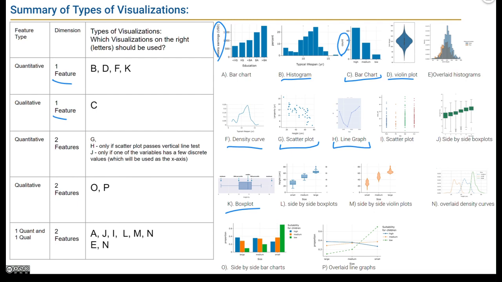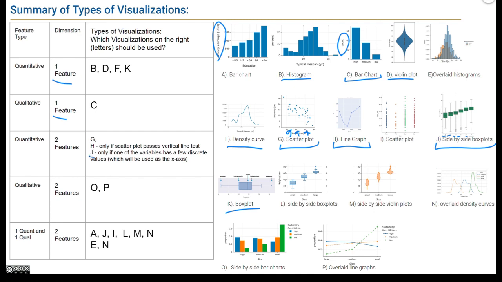If I have issues, say, of overplotting, or if one of my variables on this axis here only has a few discrete values, then side-by-side box plots is a great way to compare two quantitative features. So here I have discrete quantitative values on the x-axis, and then I'm plotting the distributions on them for each scenario. So that's J.